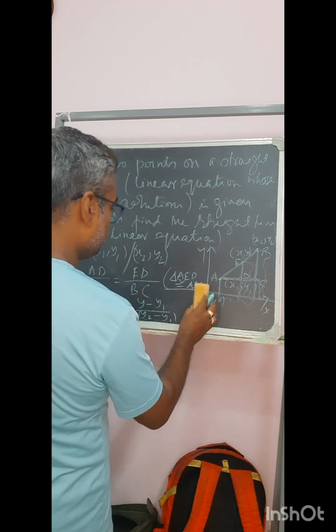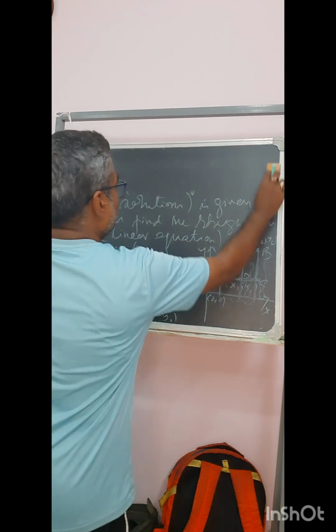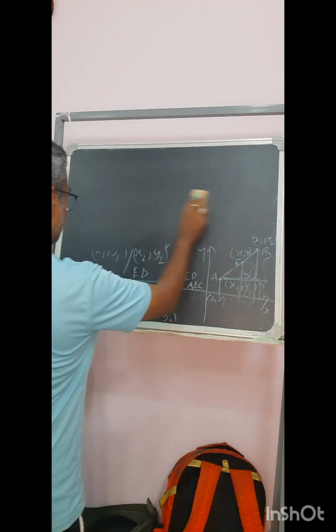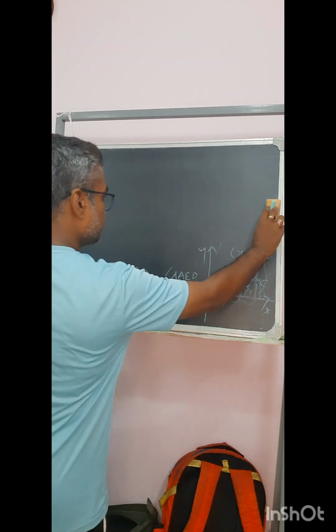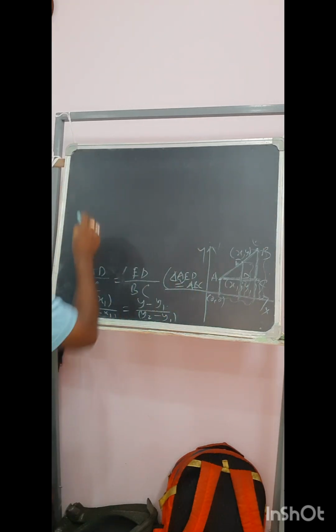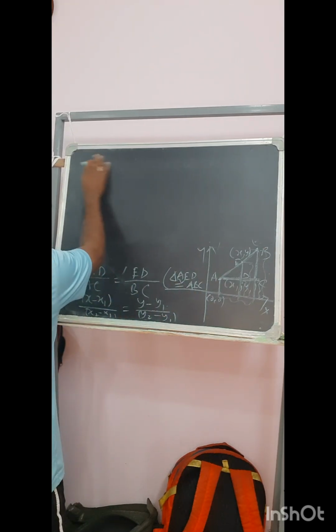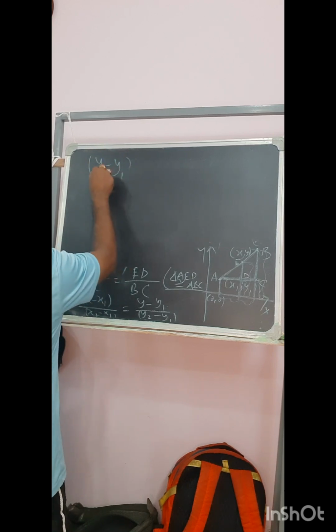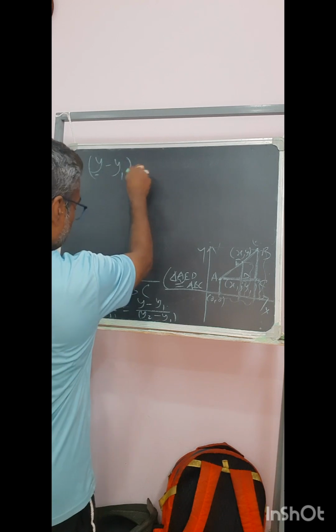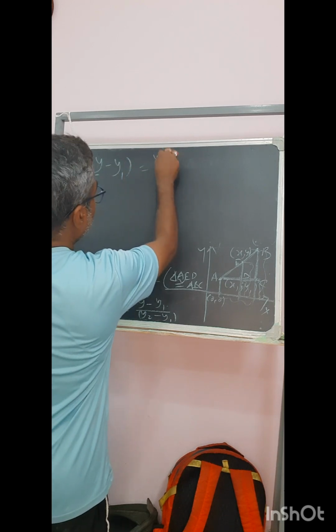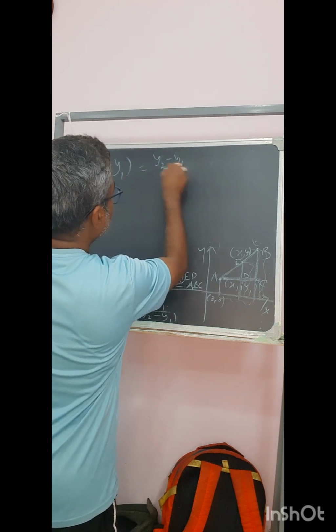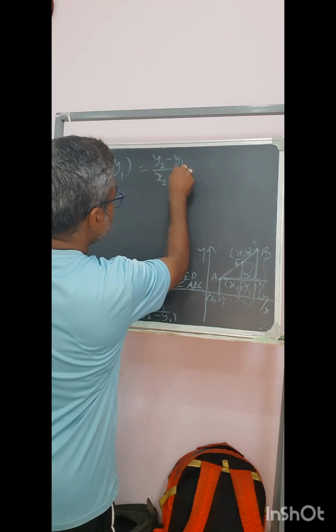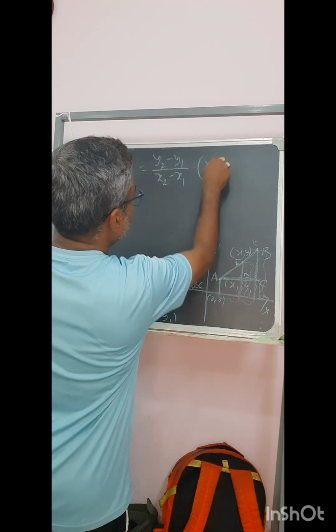So now what I will get from this is, if I move it like that, I would want to keep y on the one side. This is variable. This is fixed one. So this will give you y2 minus y1 over x2 minus x1 into x minus x1.